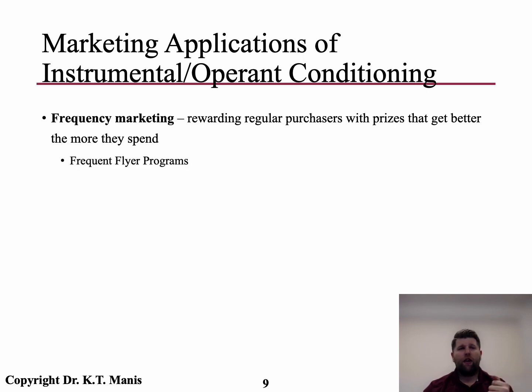One is like a frequent flyer program. If you think of frequent flyer programs, they often have tiers associated with those programs. You can be gold member, platinum, diamond, elite, all those different levels. And so the more that you spend, the better you get, the higher status you get, and the more rewards that you get from that.